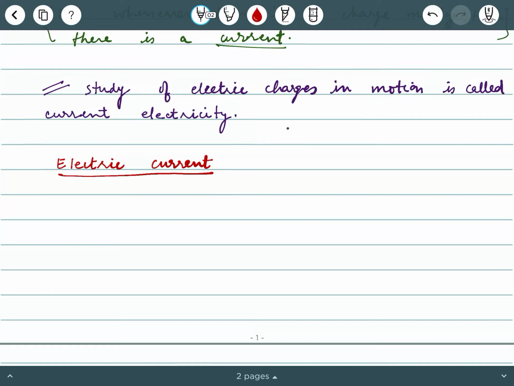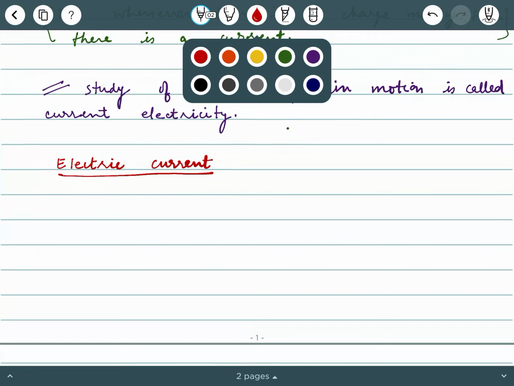Because please remember, magnitude is very important for every physical quantity, and electric current is a fundamental physical quantity. Whenever we study further in detail about current, everywhere current is going to be used. This is a fundamental quantity, so it is very important to measure it, right? So quantitatively, what can we write?